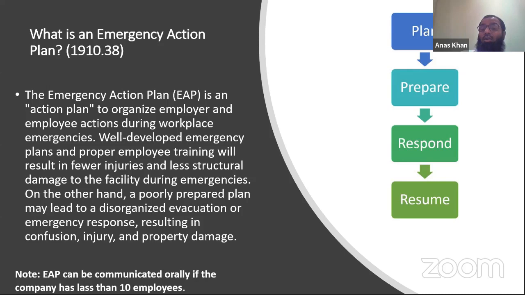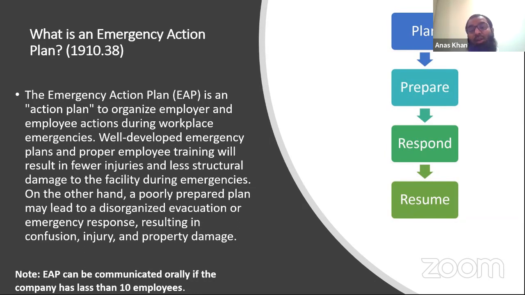These are all things we need in our emergency action plan. And very important: once we reach the emergency assembly point, who is going to announce that the emergency is over? Okay, now the emergency is over, now you can go back to your work, no problem. So these are all the necessary parts of our emergency action plan.